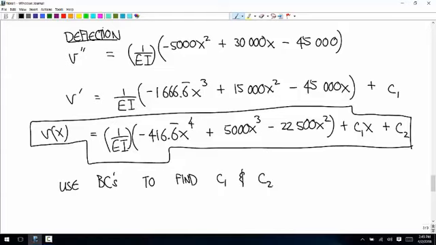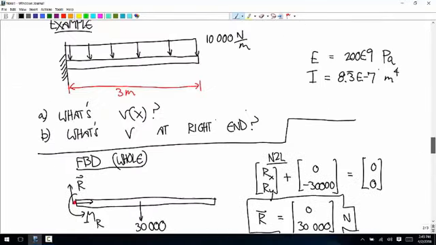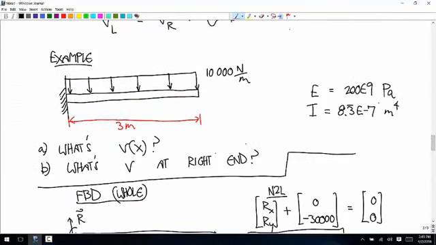C2. Well, what we know is, look back at the original picture, we have a fixed joint at x equals 0.